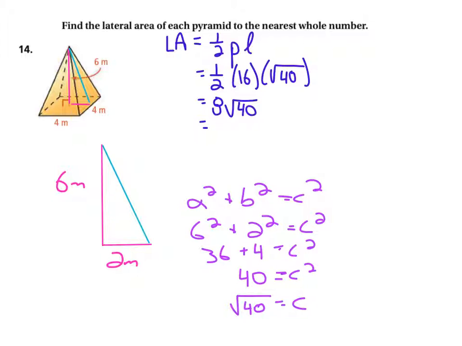And if we actually type this into the calculator, square root of 40 times 8, we get 50.59. That rounds up to, and I should have an approximately equal sign here, approximately equal to 51 meters squared because that's the units. Box that out. Yep, that's how you do them.